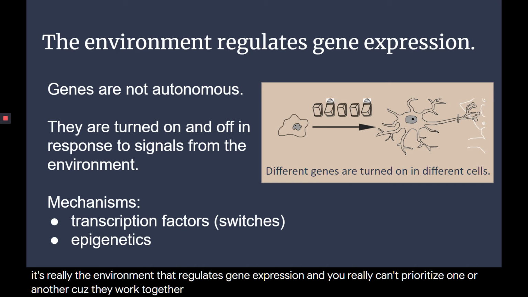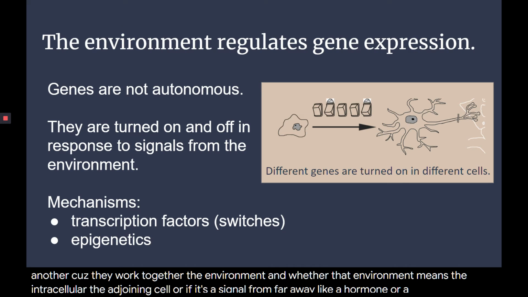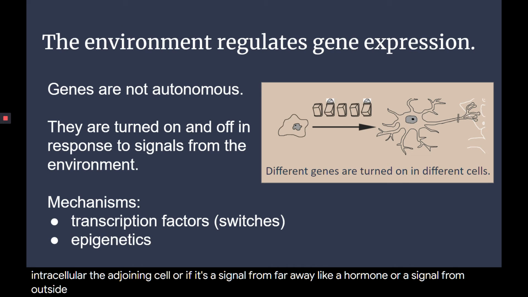together. The environment, whether that means the intracellular environment, the adjoining cell, a signal from far away like a hormone, or a signal from outside like sunlight or reactive oxygen species, right?